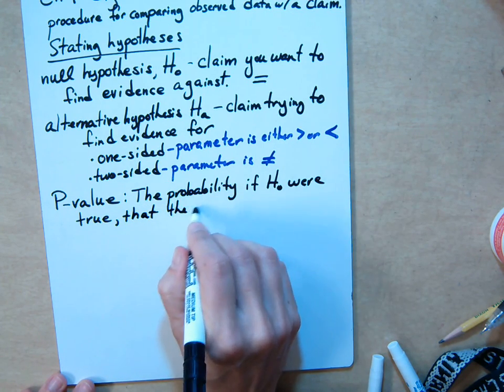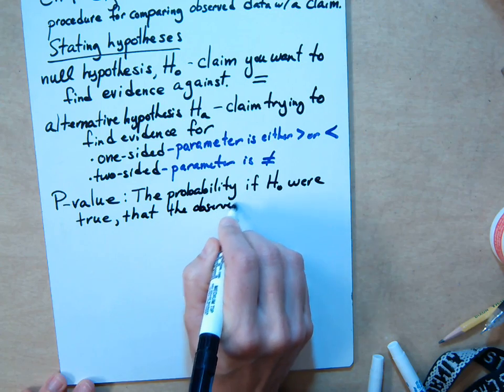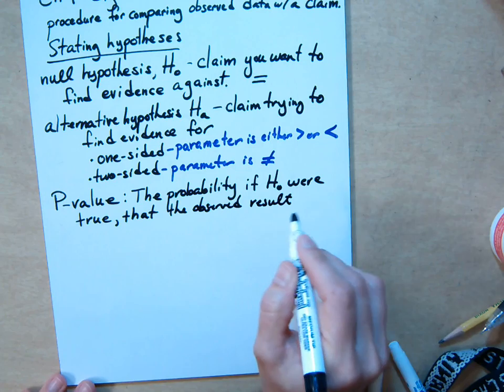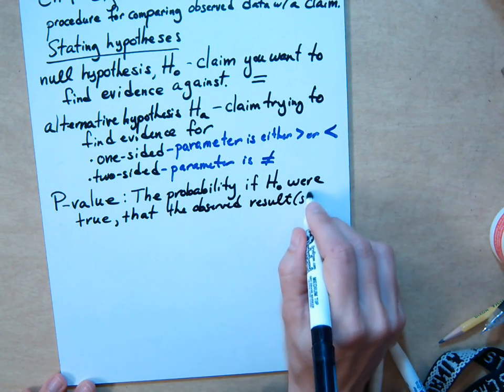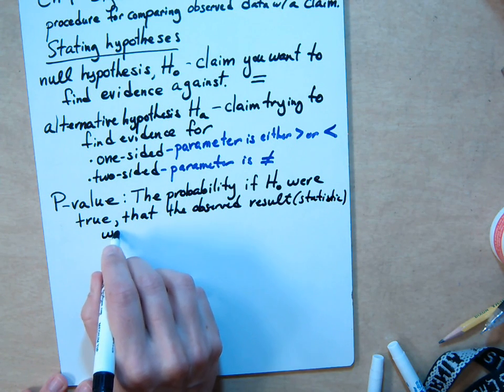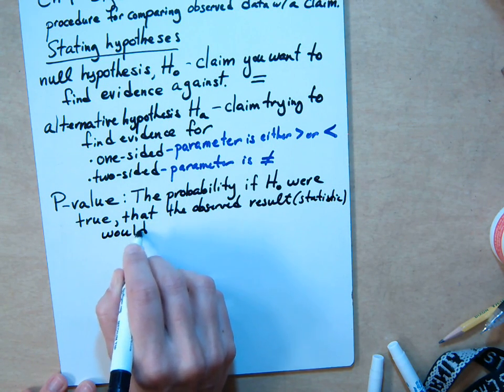The observed result, the statistic that we gather from the sample. What's the likelihood it would happen if H0 were true?